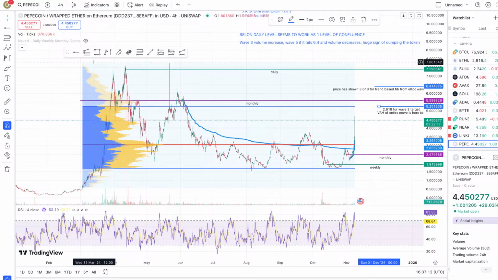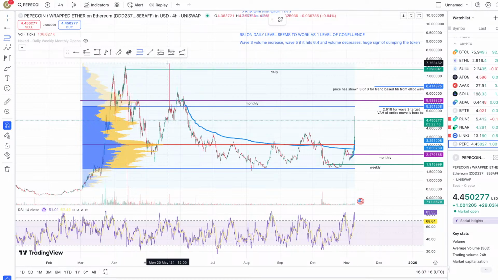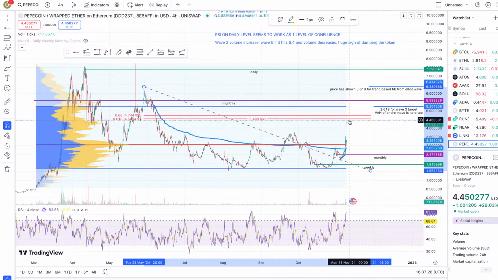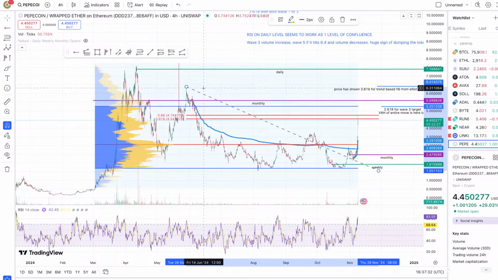And then if we do a... Look, I really don't know what this big wick up is. I really feel like the CC or the Fibonacci should go from here to here, which we would be in the Fibonacci pull right there.